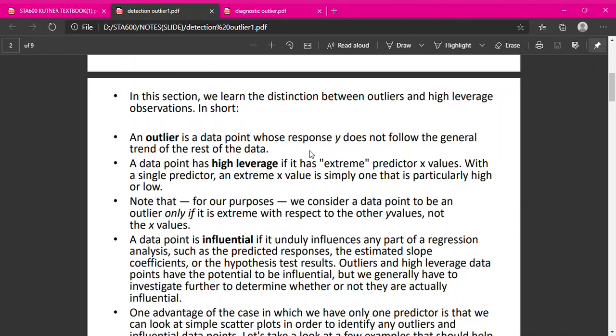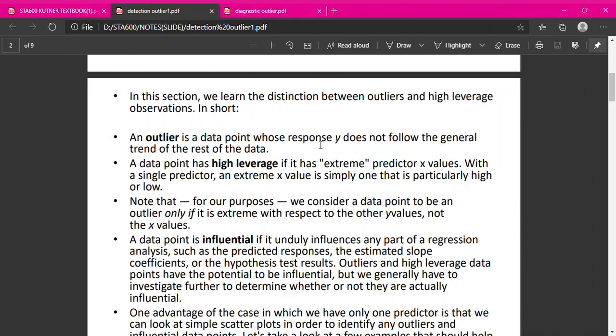Kalau you ada banyak-banyak data, akan create the trend, kan, sama ada upward ataupun downward trend. Tapi kalau that data point tadi ianya terkeluar daripada general trend of the rest of the data, that point dipanggil outlier in Y, which is kita panggil dia outlier lah. Okay, extreme value in Y response.